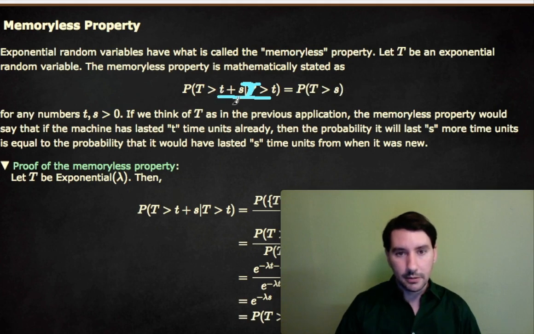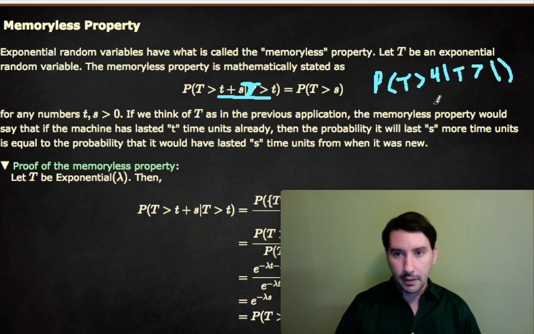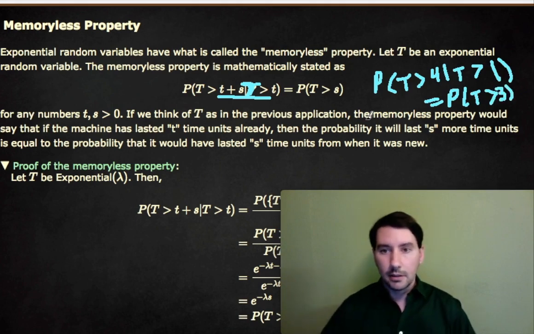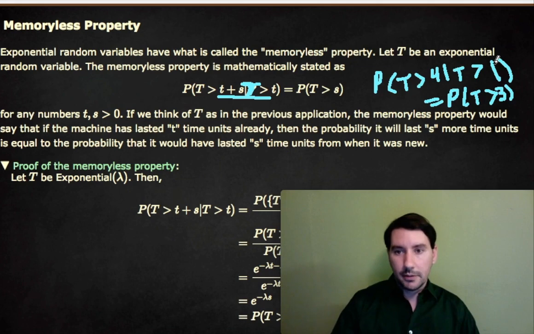So in other words, the probability that T lasts 4 years, given that it's already lasted, let's say, 1 year, is equal to the probability that T lasts just 3 more years. So you can actually get rid of the conditioning and just subtract, like 4 minus 1. Given it's bigger than t, you can subtract the t off and just find the probability that it's bigger than s.